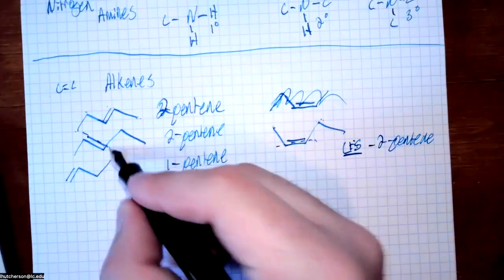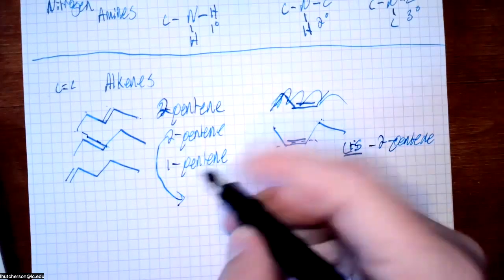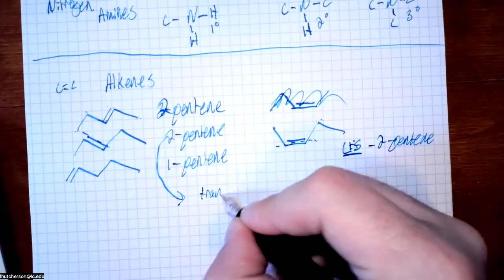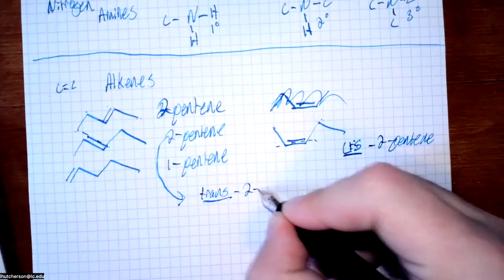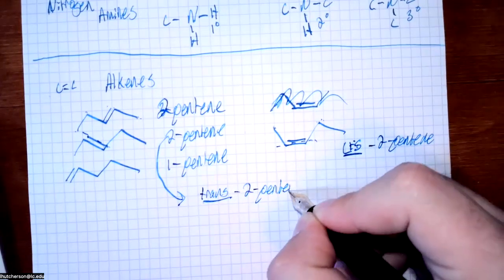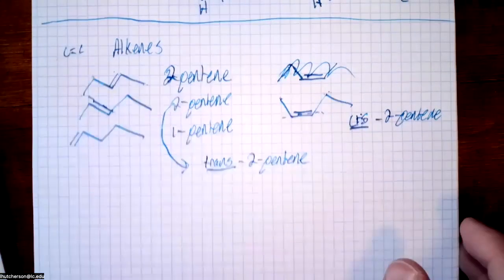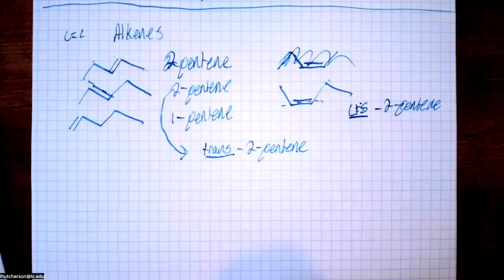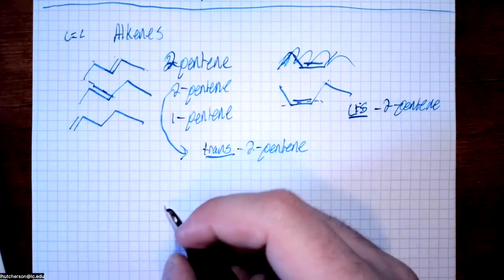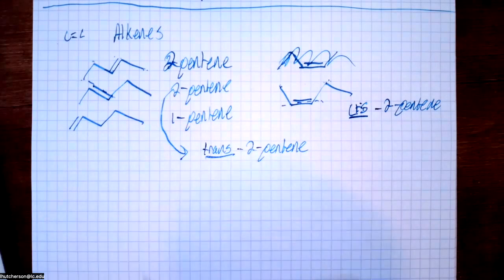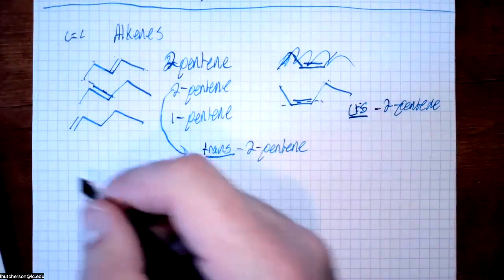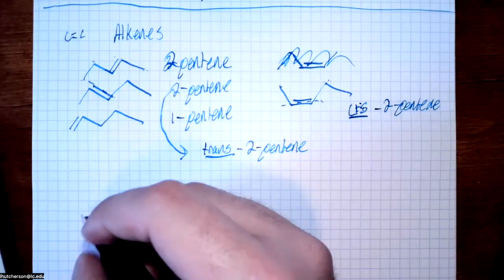This one, by the way, is actually trans-2-pentene. Right? So that's cis and trans isomers with alkenes.